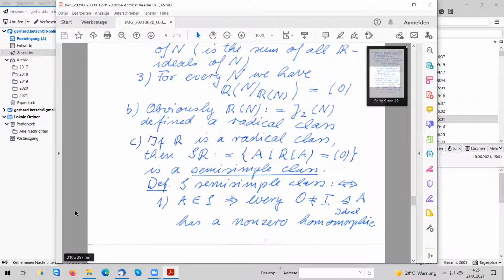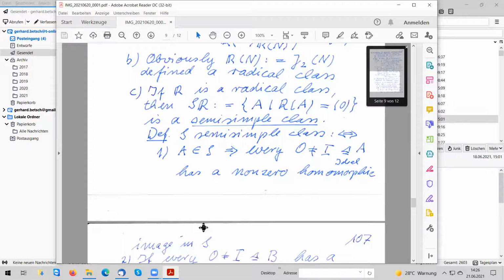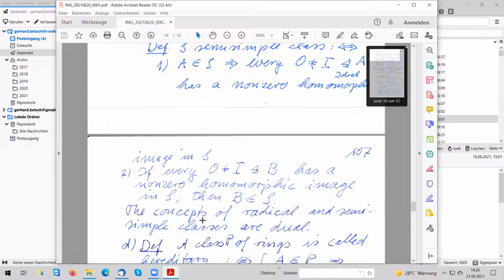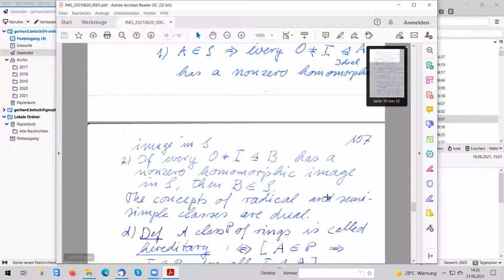A semi-simple class S is defined as a class with the following properties. A is in S if every nonzero ideal of A has a nonzero homomorphic image in S, and if every nonzero ideal in B has a nonzero homomorphic image in S, then B is itself in S. This may be a bit problematic.